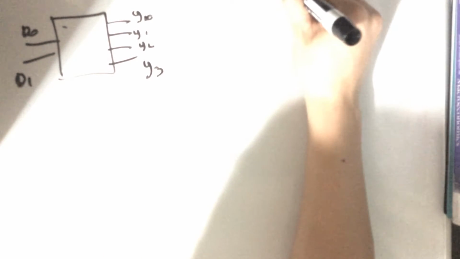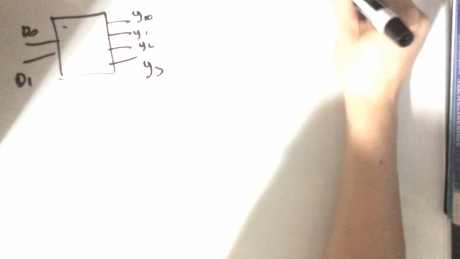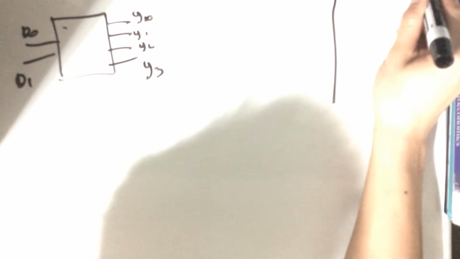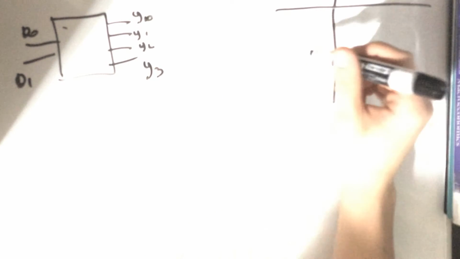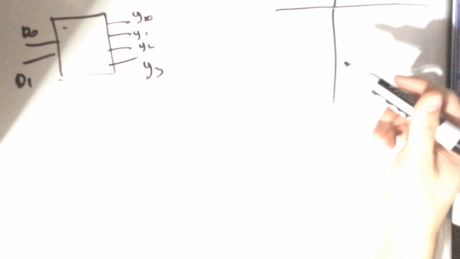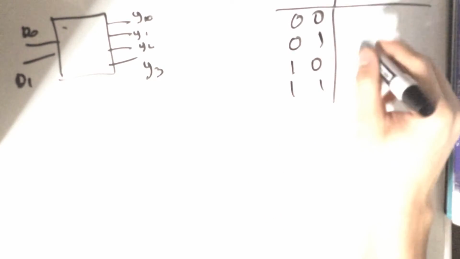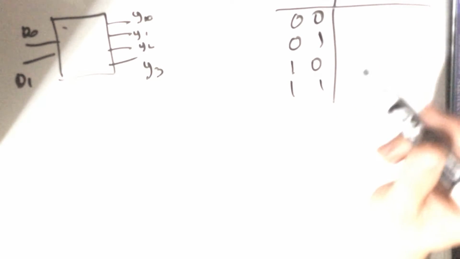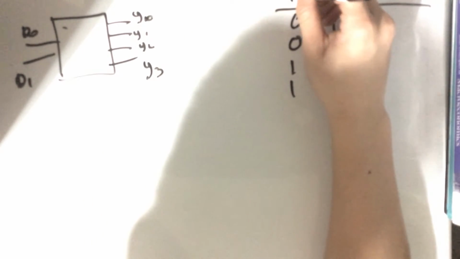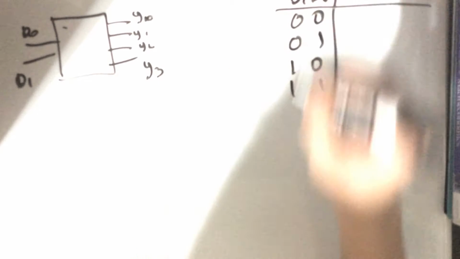First thing we have to do is put in all possible inputs for our D values, so 0, 0, and these correspond to the binary representation. Also, I am going to label this D1 and label this D0.